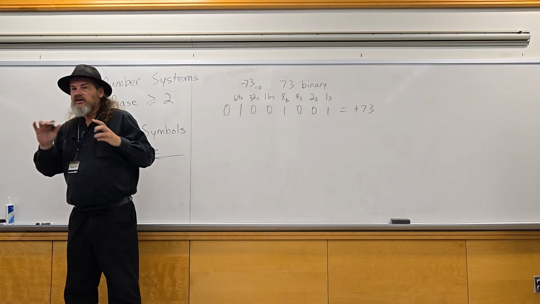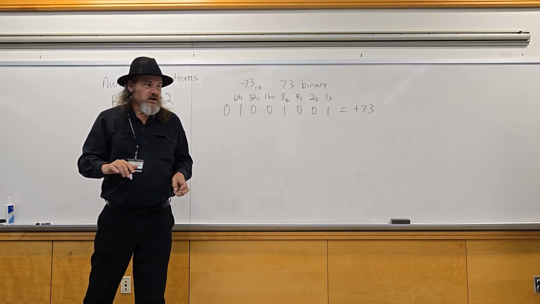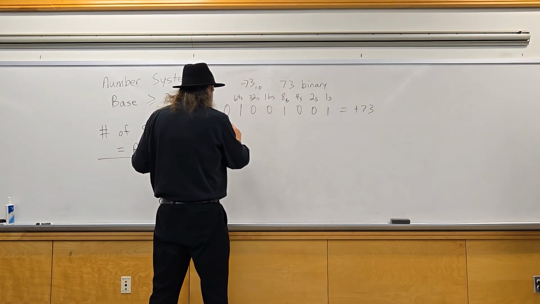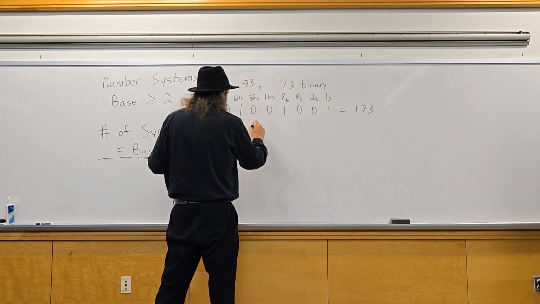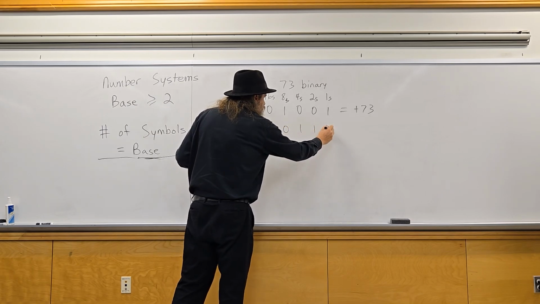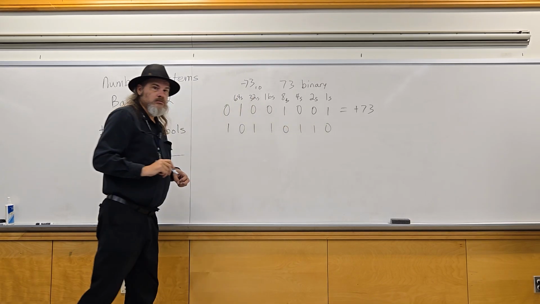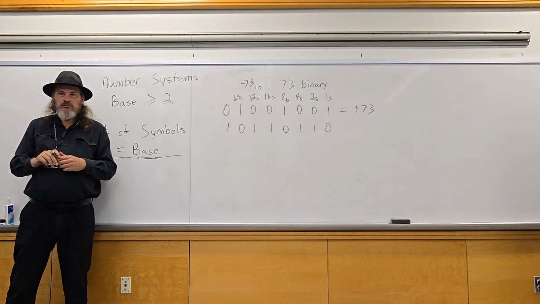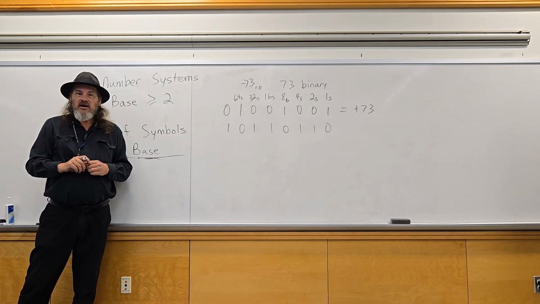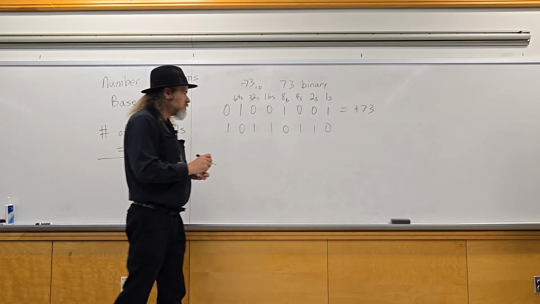Now, to convert it to a negative number using 2's complement, you flip the bits, and then you add 1.